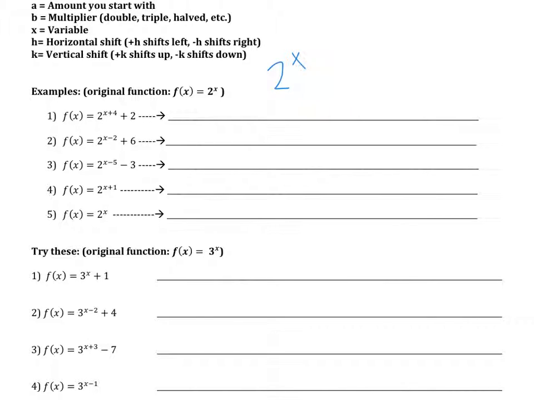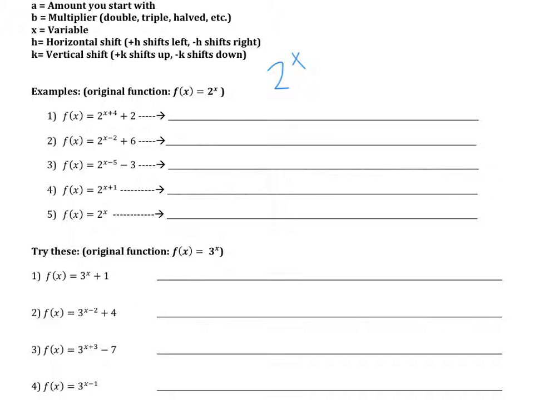Now what happens if we add a plus 4 into the exponent and a plus 2 here? Well, if we go back up here and understand what h and k do, this is h, this is k. If h is positive, it shifts it left.